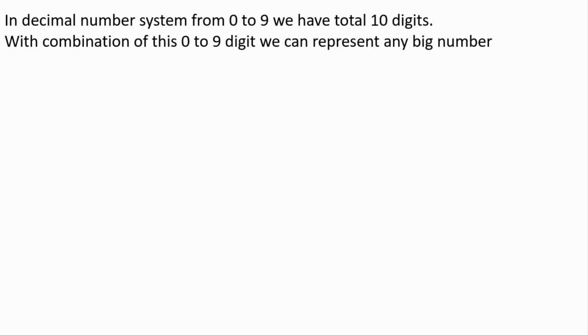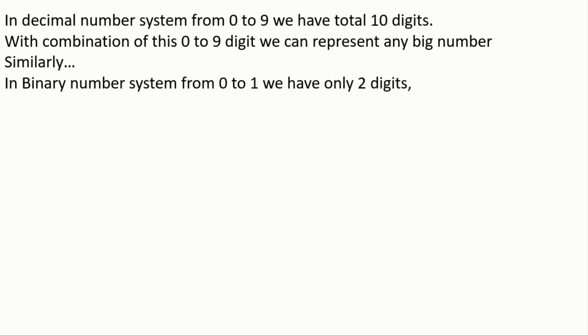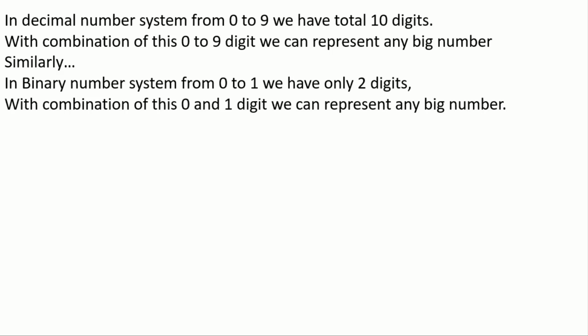Now, in decimal number system, from 0 to 9, we have total 10 digits. With combination of these 0 to 9 digits, we can represent any big number. Similarly, in binary number system, from 0 to 1, we have only 2 digits.